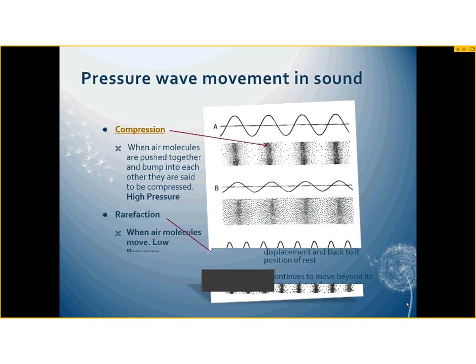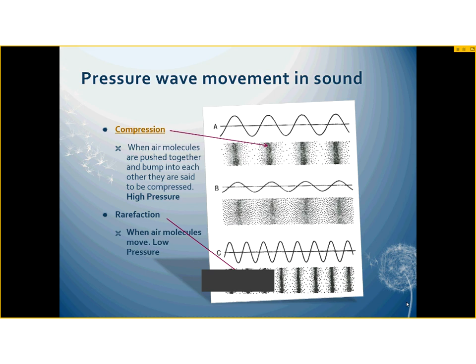If we could visualize that audible disturbance through the air, the medium, it would look something like this. Compression is when the air molecules are being pushed together, bumped together, because of high pressure.